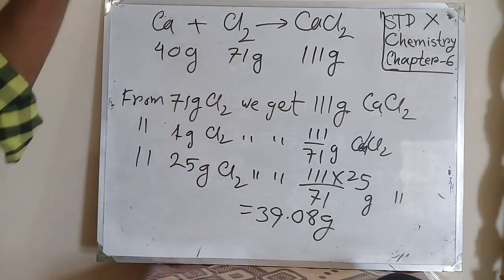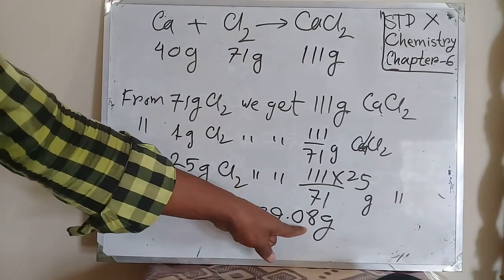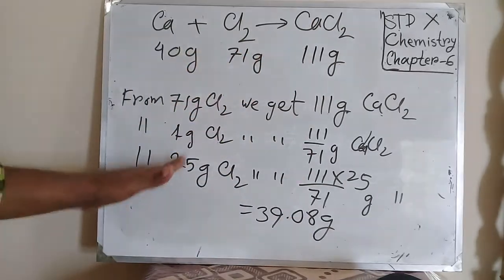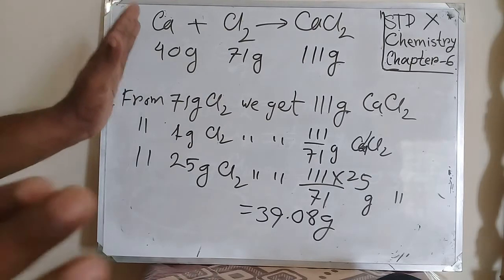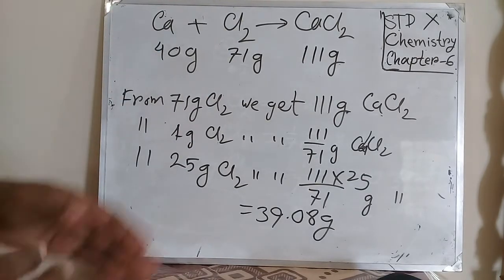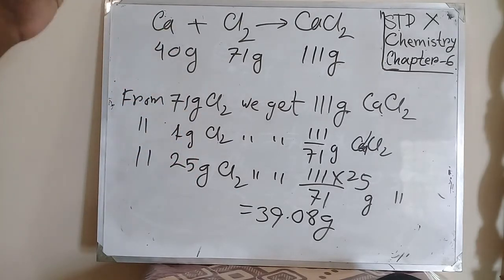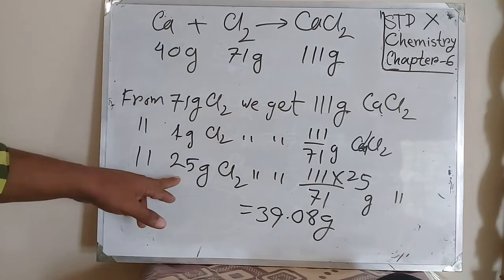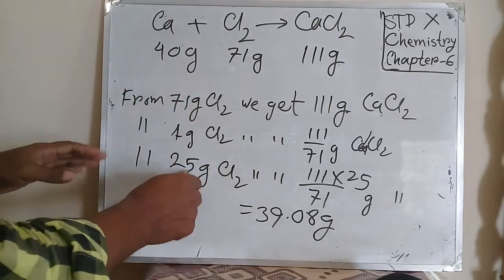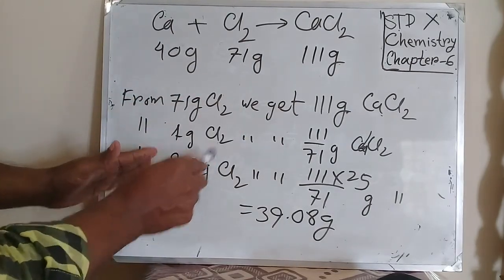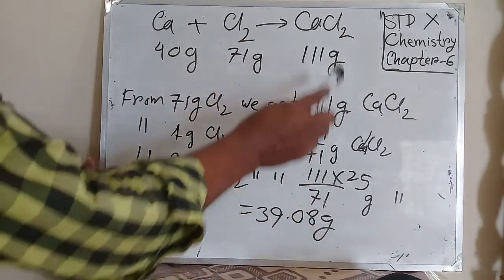That means for producing 39.08 gram calcium chloride, we actually took the proper amount of chlorine, 25 gram. Whether the total 25 gram chlorine reacted or not, we will find out now. So that means we have taken the amount of chlorine needed to produce 39.08 gram calcium chloride.